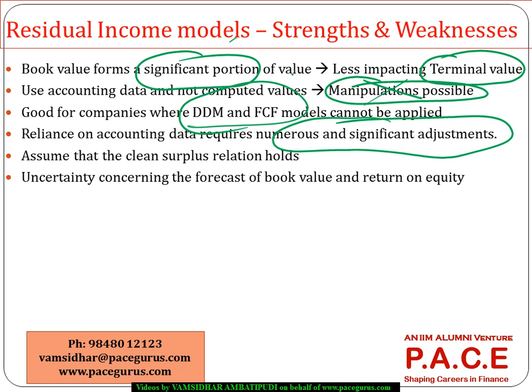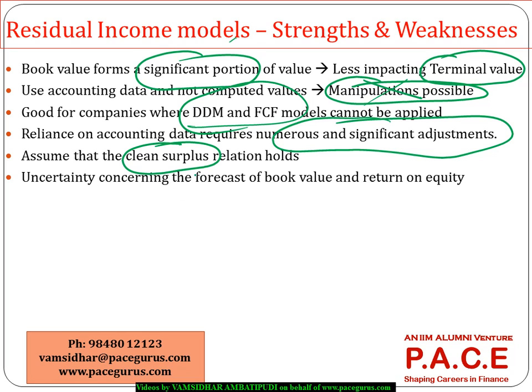Whatever are expensed, like R&D and operating leases, try to capitalize them. All these kinds of adjustments are expected before using the valuation model. And yes, this is a challenge.